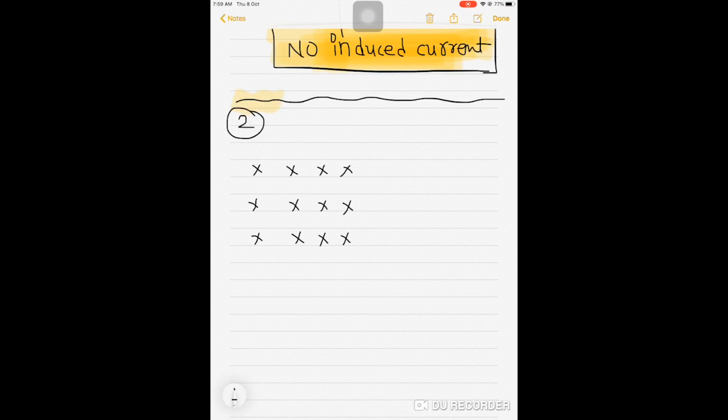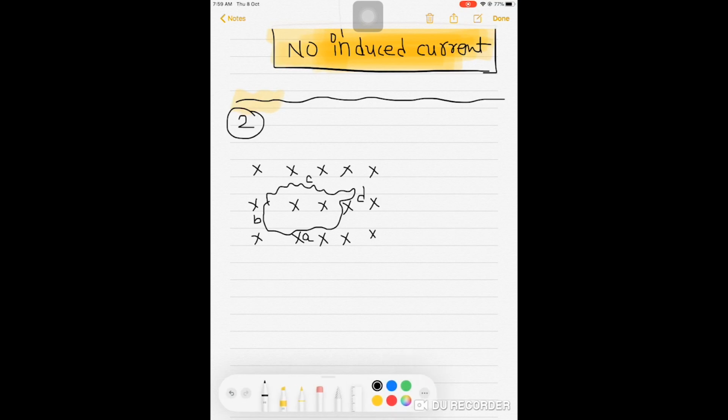They have given a random shape of the figure, and they have shown one random shape coil, A, B, C, D, lying there, and also consider that the part C and part A are moving according to this.